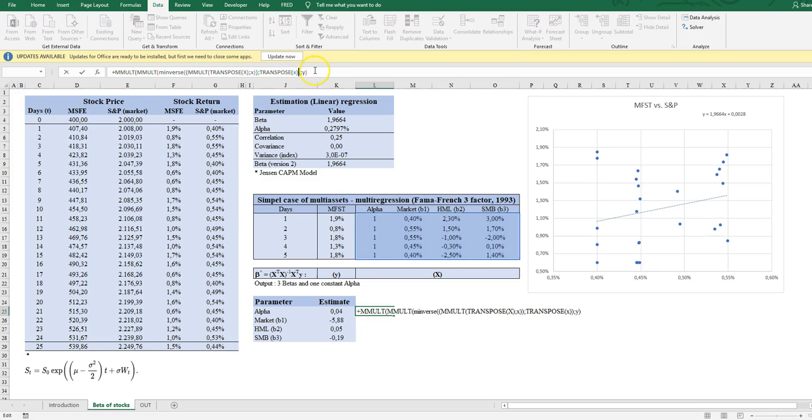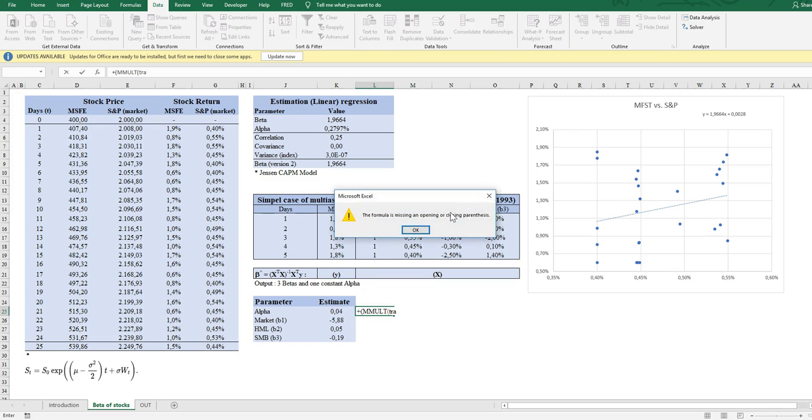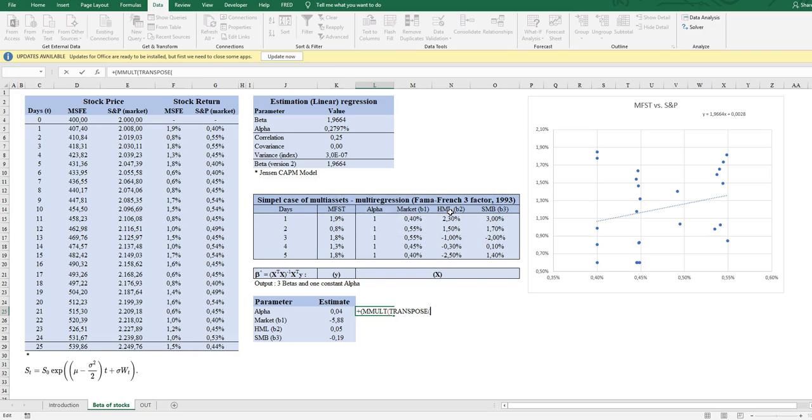Okay. So this is where it really gets nasty. So we'll just try again, and you can just close the video, but I insist. So again, mmult transpose X. Yes.